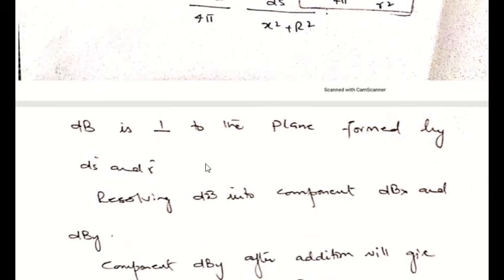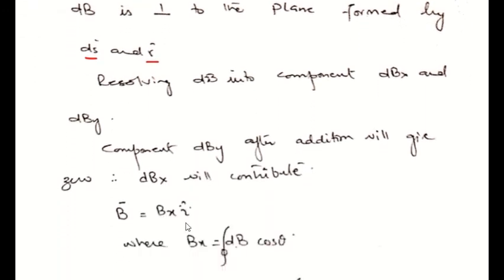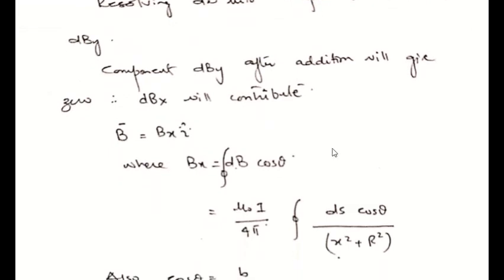dB is perpendicular to the plane formed by ds and r. So we have already seen in example number 1 that if ds and r are in, suppose, the x and y plane, then dB will be in the z direction. So dB will be in the plane perpendicular to a length element and unit vector r. Resolving dB into components, I have told you that dBy will not contribute.